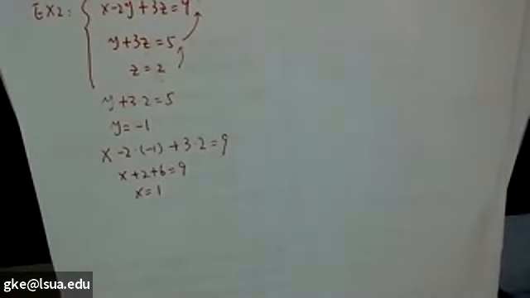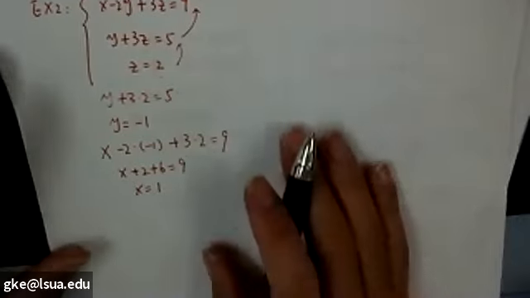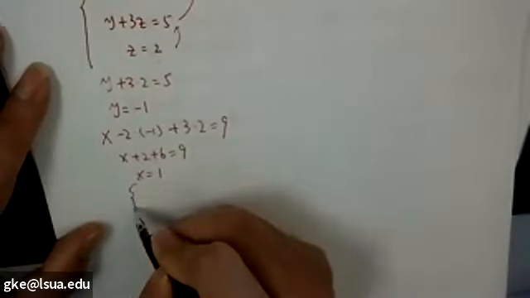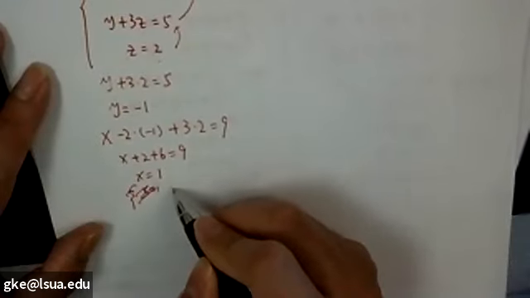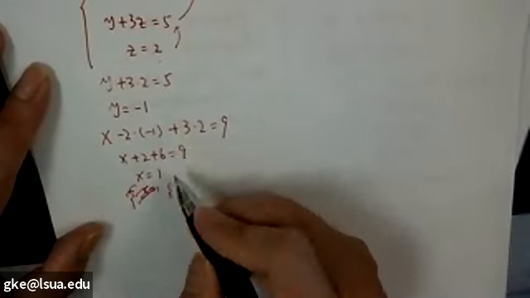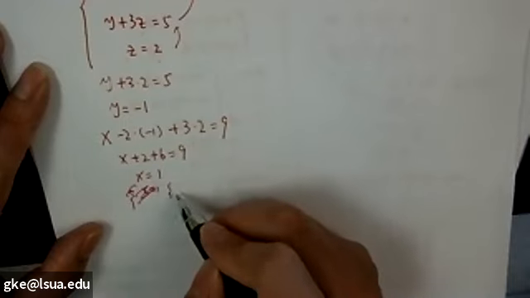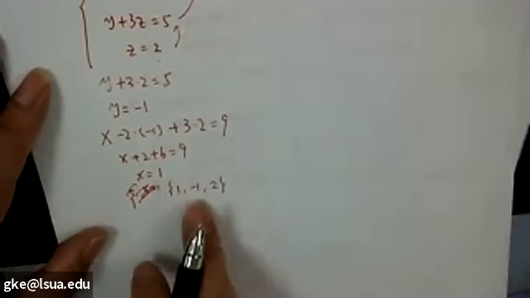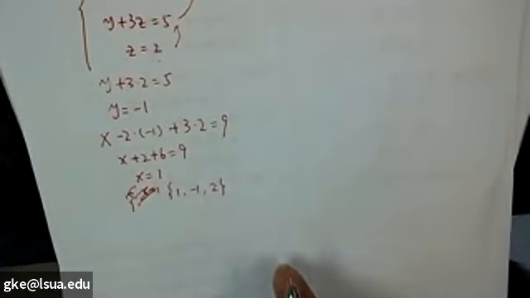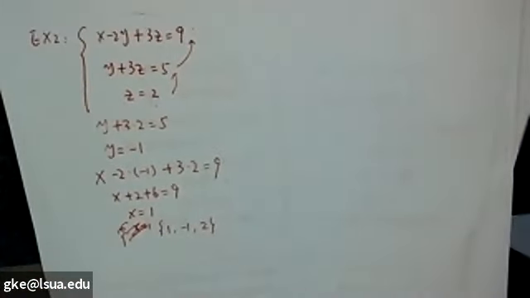So the solution for this linear equation system is x equals 1, y equals -1, z equals 2.